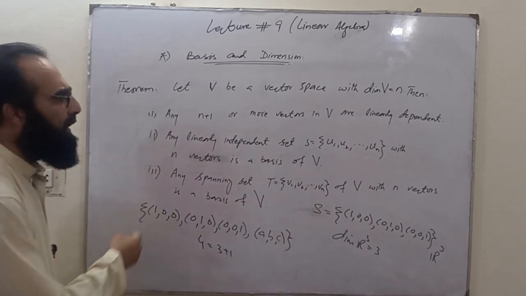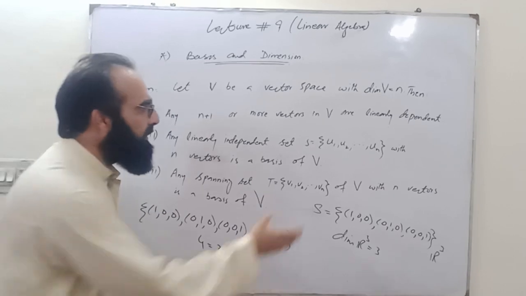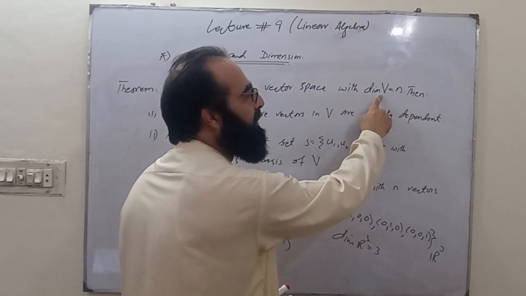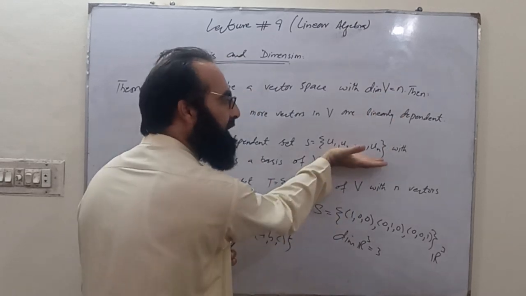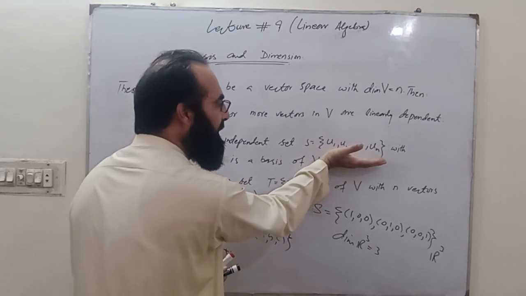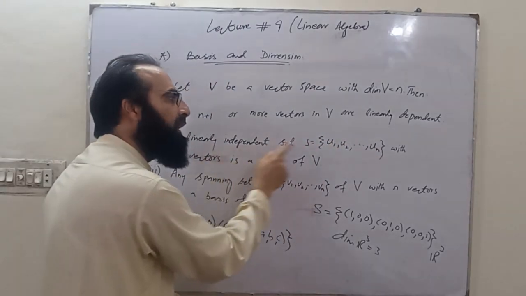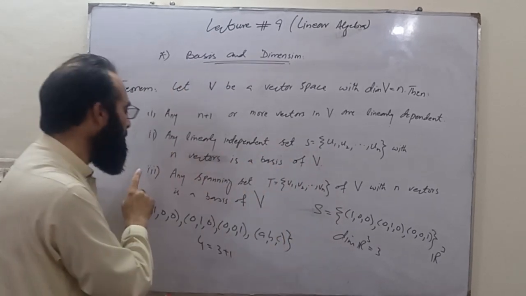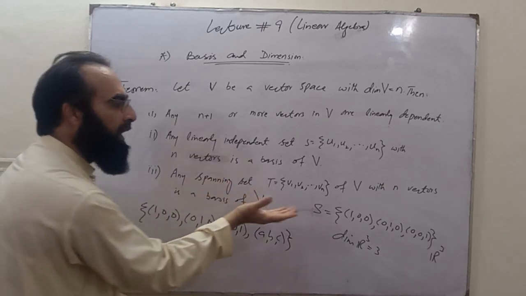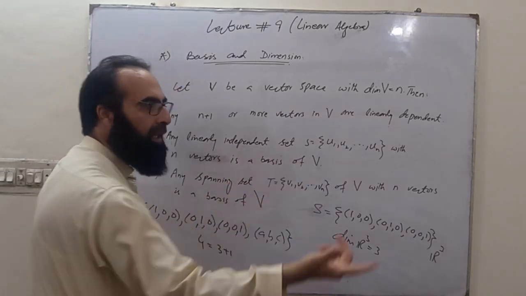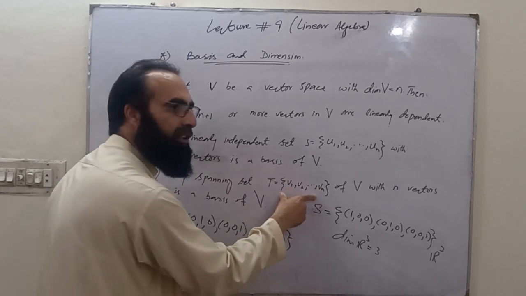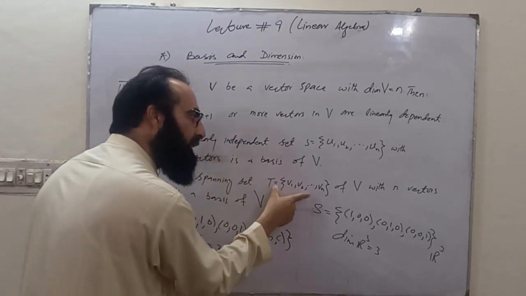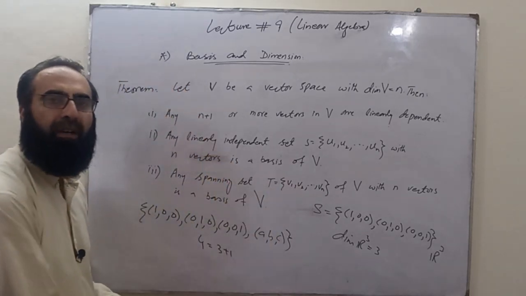Number 2, if we have a collection, say S, consisting of n vectors, as the dimension of vector space V is n, and this collection is independent, then the collection will be a basis for the vector space. The third part of this theorem is, if a collection has n vectors and this collection spans the vector space, then this collection will also be a basis for the vector space.